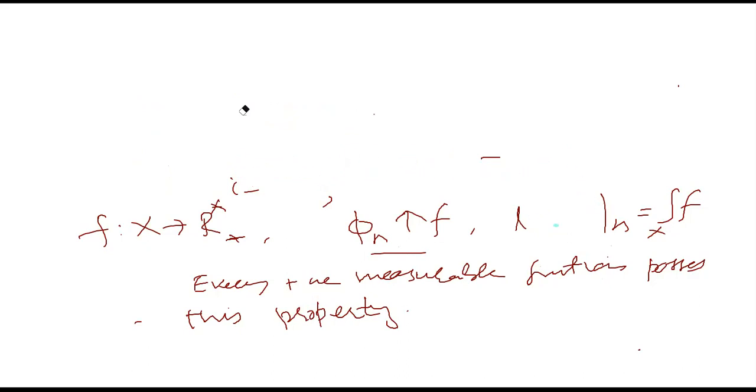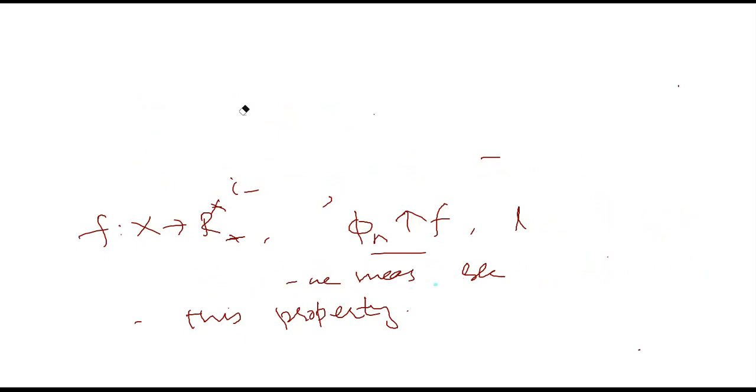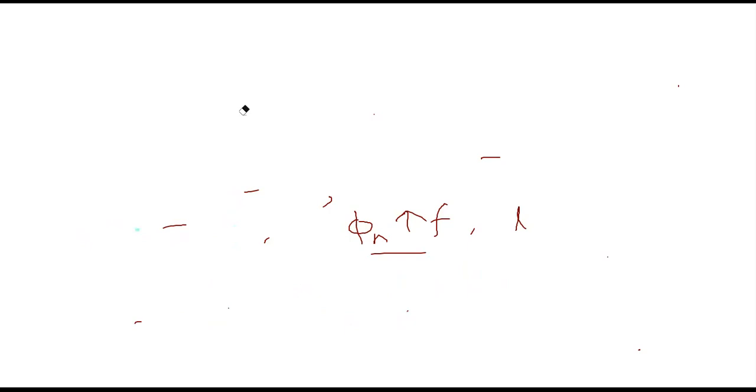I want to explain that we can define the integral of every measurable function actually, not only positive measurable functions. So suppose f is a measurable function, then f can be written as f plus minus f minus. Both f plus and f minus are non-negative functions, so we can define their integrals, which are extended real numbers.